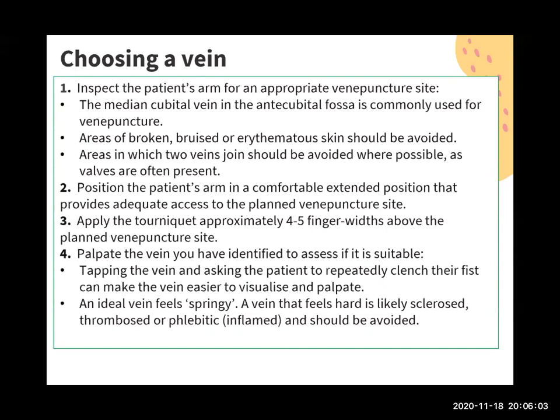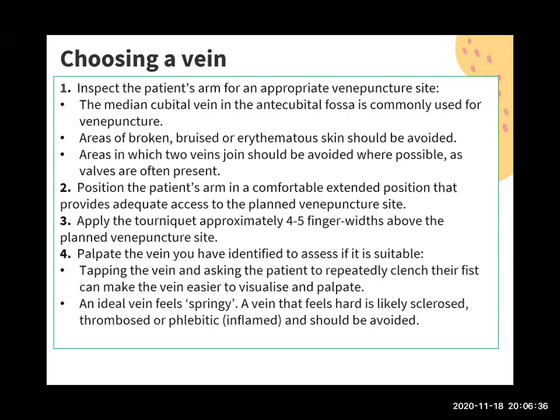And then we position the patient's arm in a comfortable extended position that provides adequate access to the planned venipuncture site. And then we apply the tourniquet approximately 4 to 5 finger widths above the planned venipuncture site. And then we palpate the vein to assess if it is suitable, such as tapping the vein and asking the patient to repeatedly clench their fist, which can make the vein easier to visualize and palpate.